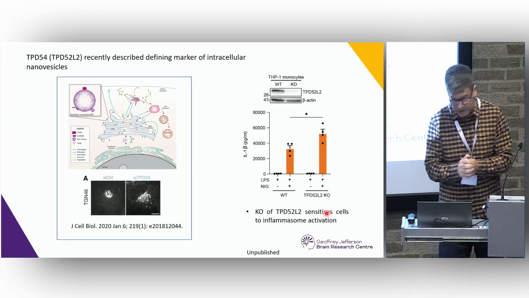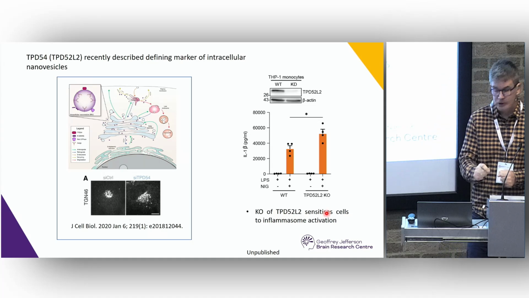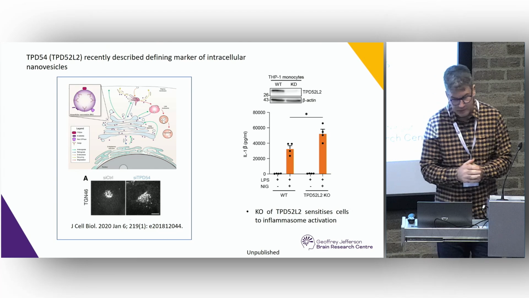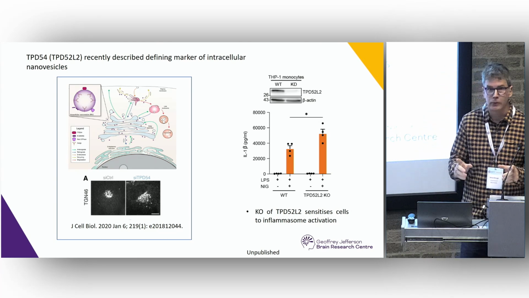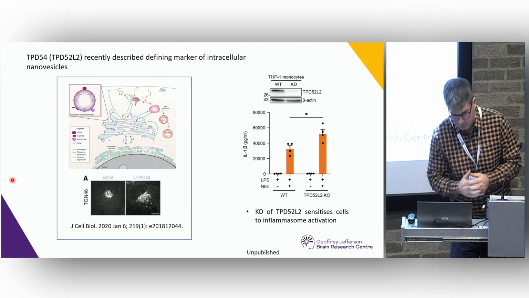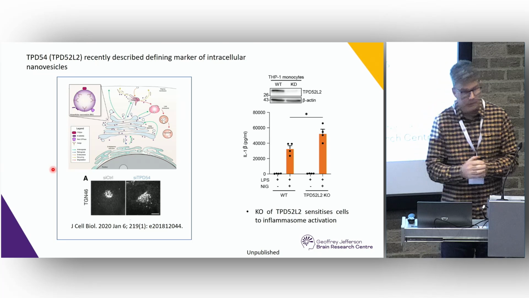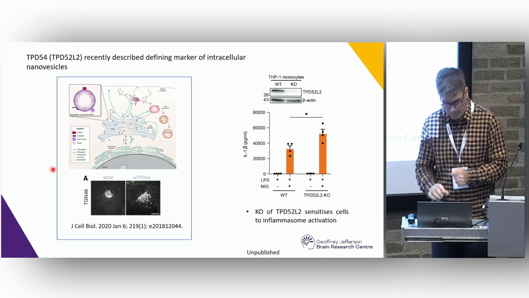As I said, this is preliminary, but we've done some work to study this further. One of these hits that was really interesting for us was this protein TPD54, also known as TPD52L2. There's very little known in the literature, but what is known has been done mainly by Steve Royle at Warwick, who's published this paper, using TPD54 as the defining characteristic of intracellular nanovesicles.